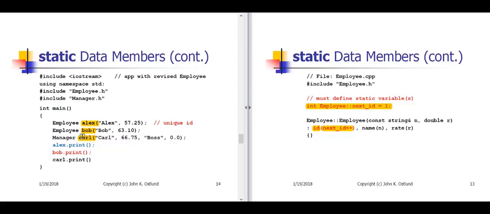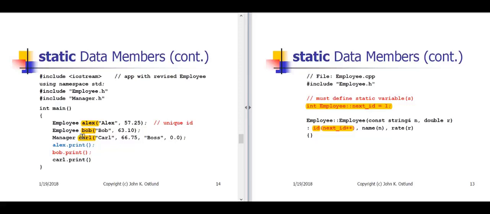Carl's rate will be 66.75. At that point, the base class employee constructor is finished, and so we complete the initialization of the manager part. Title is initialized with boss, and budget, since we've specified a 0 value, as I recall, is initialized with $500,000.